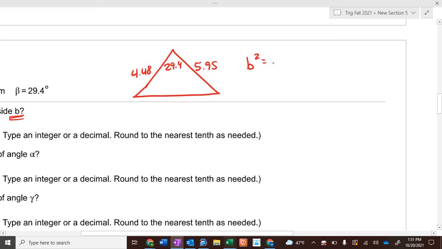So B squared equals A squared plus C squared minus 2AC cosine of beta. And you're going to get a big number because you haven't taken the square root yet. You should get like 40 or 30 or something like that. Then you take the square root and you get a number that's a lot closer to those numbers.